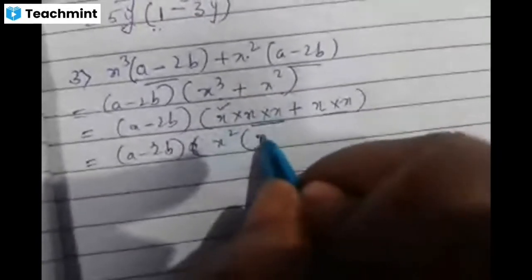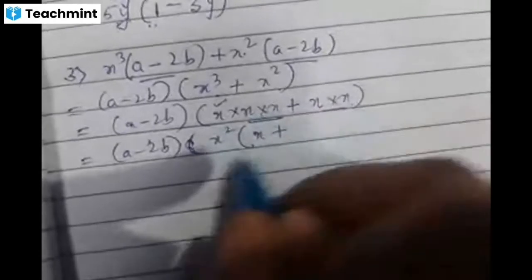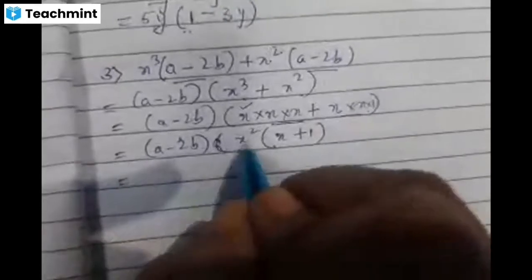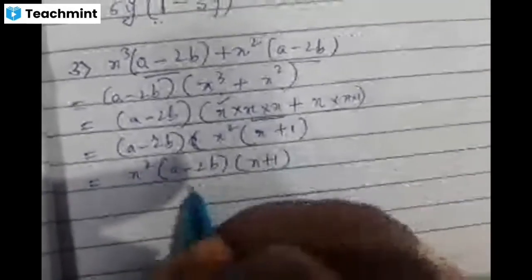What is left here? X plus. If nothing is there, always 1 will be left, children. 1 will be the factor. So we have to write x plus 1. Therefore this x square I write first, monomial, binomial into binomial. This is the final answer, children. Question number 4.